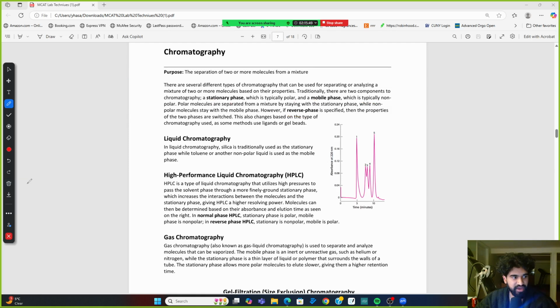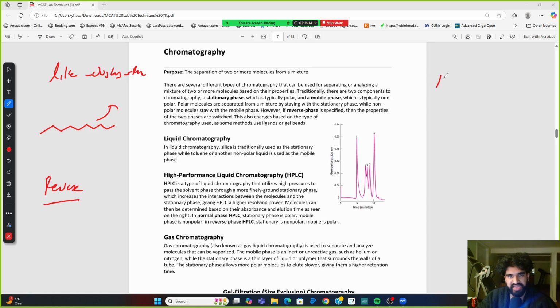Now you need to know that like dissolves like. Hexanes do smell really good, but don't sniff them too much. If you have something that's super nonpolar, it's gonna move with the nonpolar phase. And the nonpolar phase is normally the mobile phase, unless you have reverse phase.